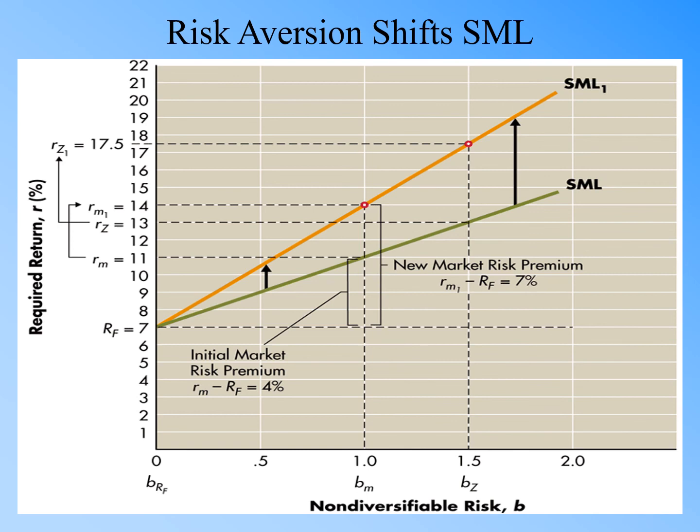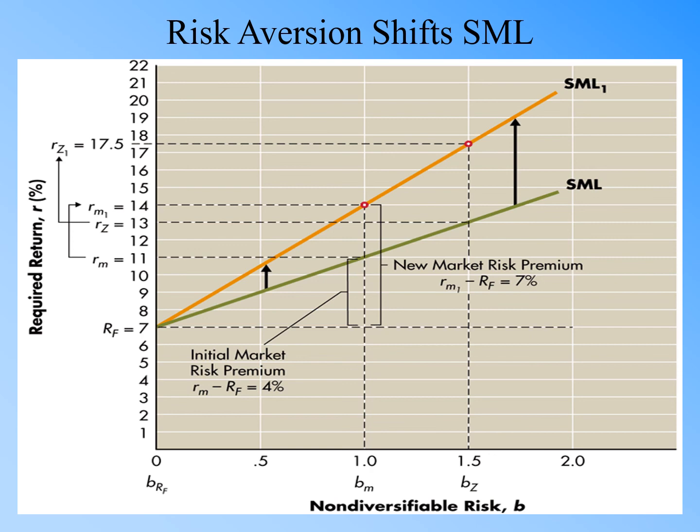Risk aversion shifts the security market line. In this diagram, you can see that the security market line has shifted upward. And this is because of the increase in the risk aversion of investors. Due to that, the risk premium has increased from 4% to 7%.